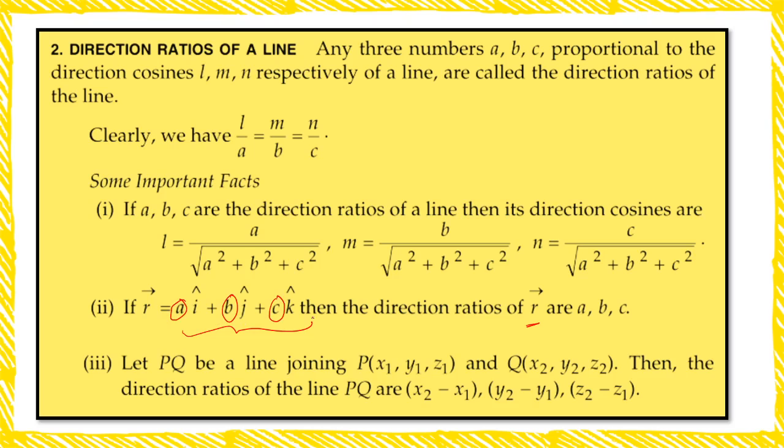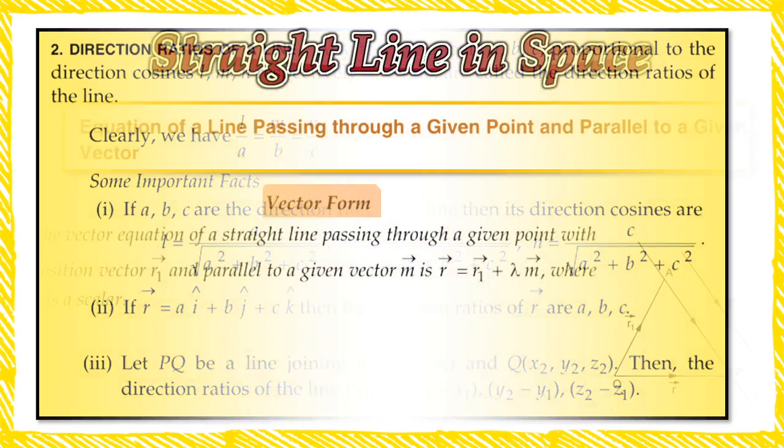If any vector is written in the component form, for example, if I have any vector r written as 2i minus 3j plus 4k, and if I ask you what are the direction ratios, you can simply say DRs are 2, minus 3 and 4. Its scalar components are called a, b, c. Let PQ be a line joining these 2 points, then the DRs are x2 minus x1, y2 minus y1 and z2 minus z1.